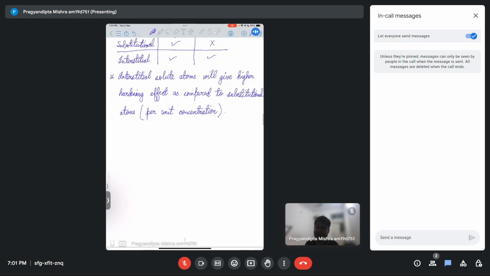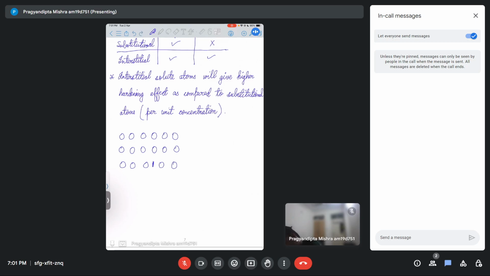Let's say I have this setup: 1, 2, 3, 4, 5, 6, then 1, 2, 3, 4, 5, 6. The next one we have one less atom, so we have 1, 2, 3, 4, 5. So we are essentially having a dislocation here.